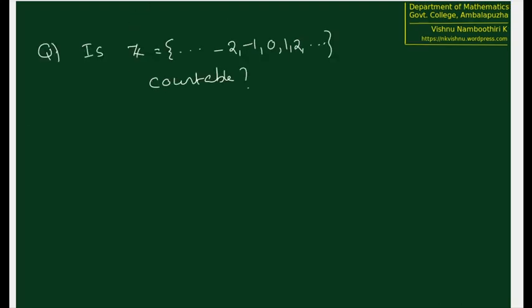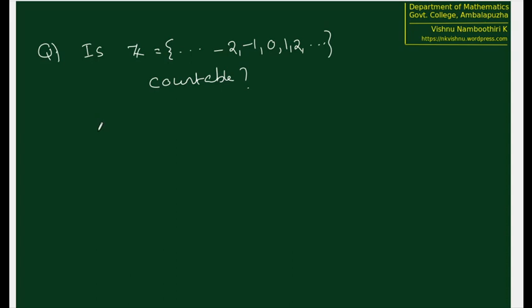But in the present example, we cannot perform such a labeling because we don't know what is the least negative integer we have here. That's a problem for us. So arranging them starting from the least is not going to work here.